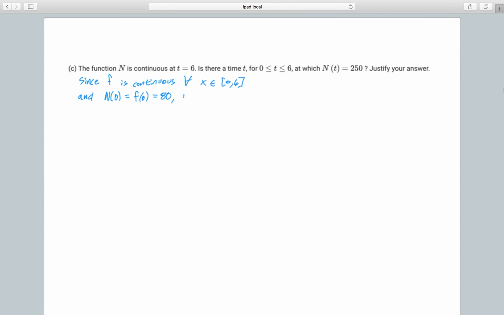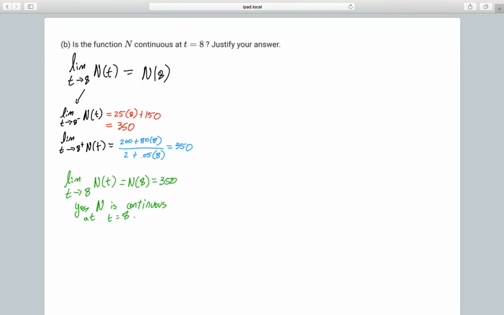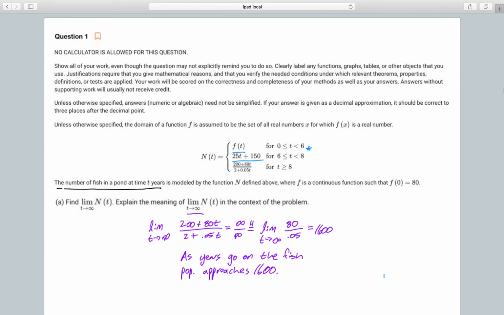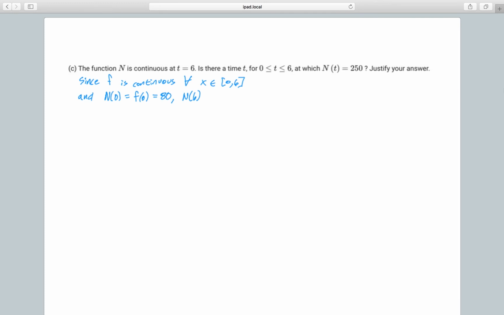And what would n of 6 be? N of 6 is going to be 25 times 6 plus 150, which is, what, 300.